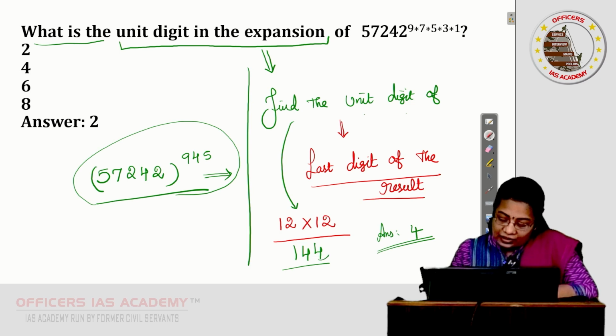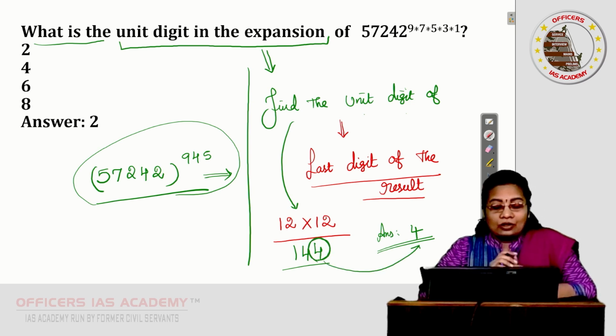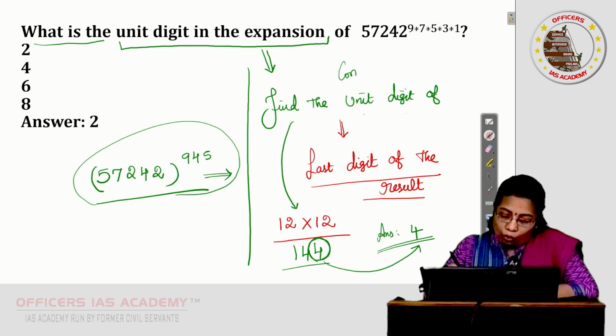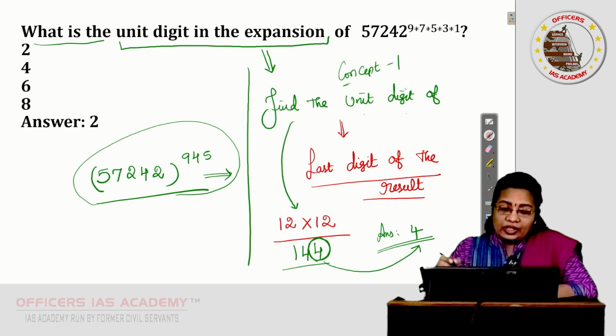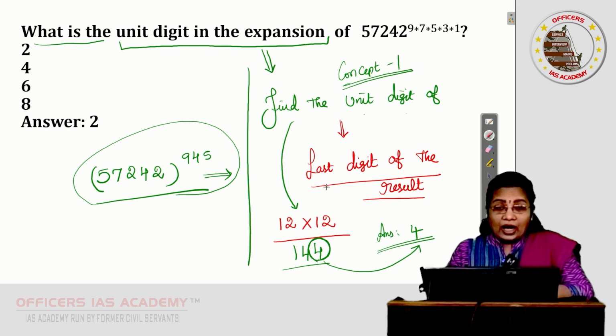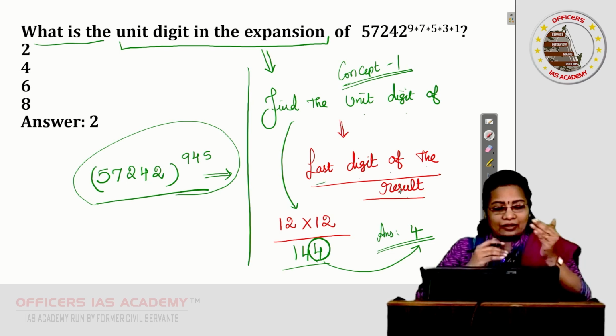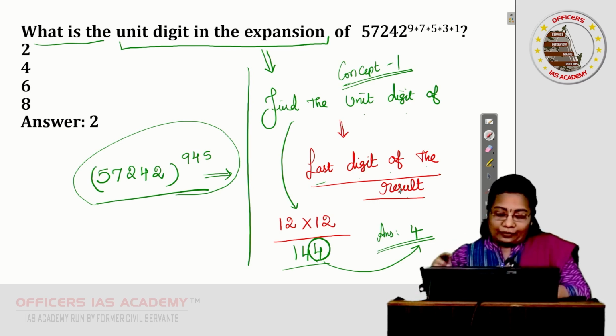Here the last digit is 4, thus I wrote 4 as the answer. So, this is the concept. You can note down concept number 1: find the unit digit, meaning the last digit of the result, and mark it from the options given.